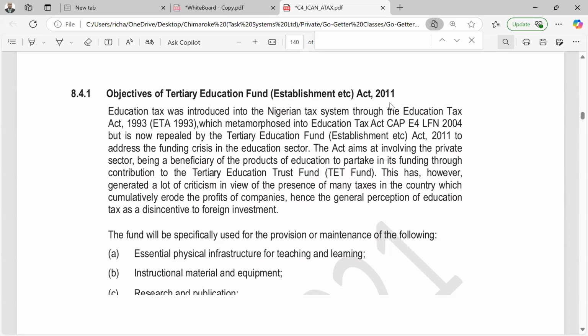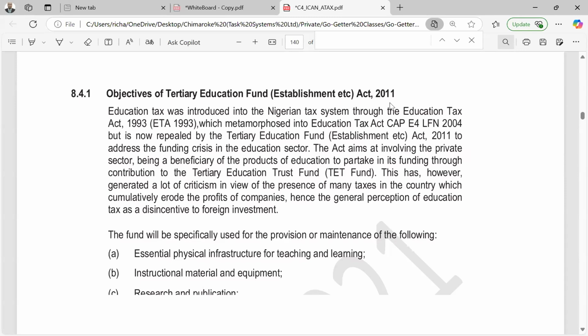Now, the tertiary education, which is normally we say education is the bedrock for a nation or for a society, and they say the leaders of tomorrow have to be educated. But instead of government paying more attention to education, they pay more attention to some infrastructural things, and education seems to be at a disadvantage.